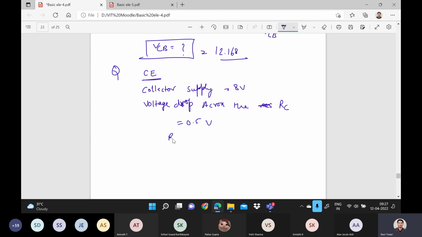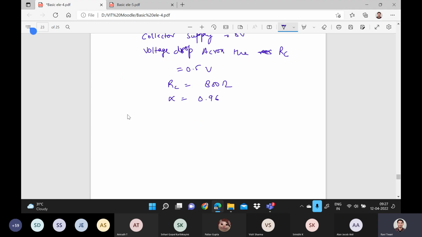And they also gave the value of RC equal to 800 ohms. Alpha is 0.96. And they said to find out the VCE point and also find out IB.